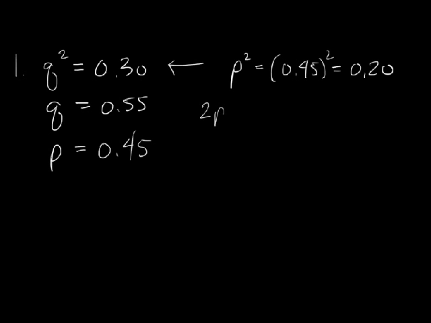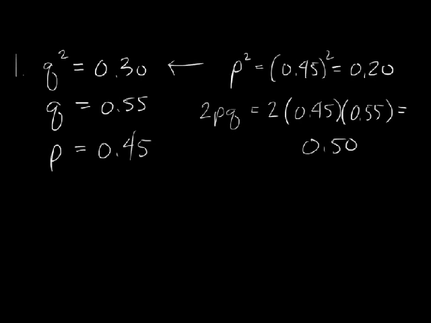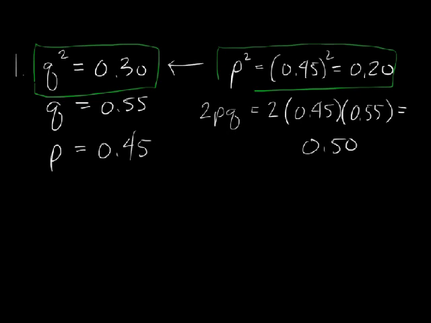So again, heterozygotes are represented by 2pq, 2 times p times q, and that gives us the answer of 0.50. So our answer for the problem is here: homozygous recessives, homozygous dominants, and the heterozygotes.